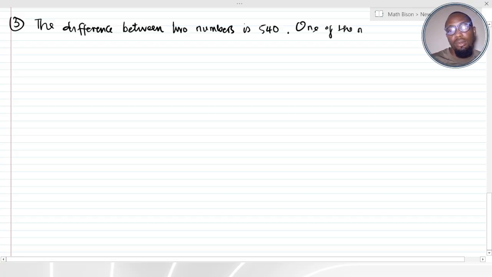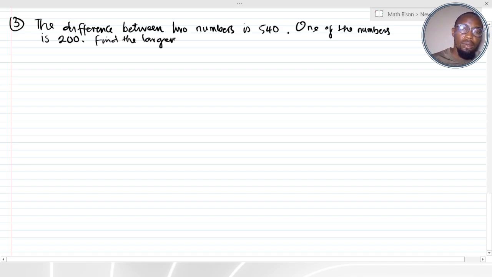One of the numbers is 200. Find the larger number.